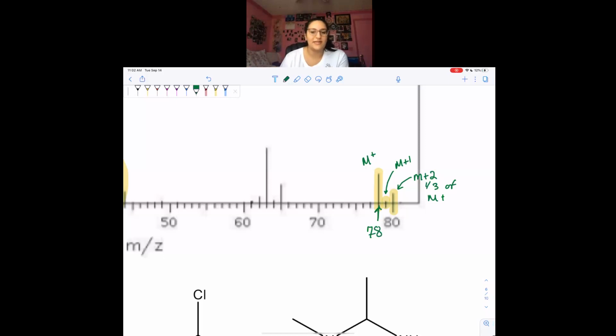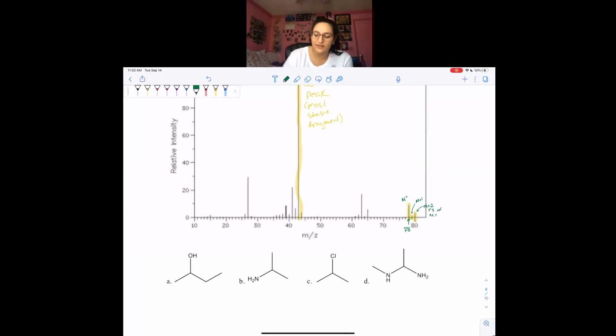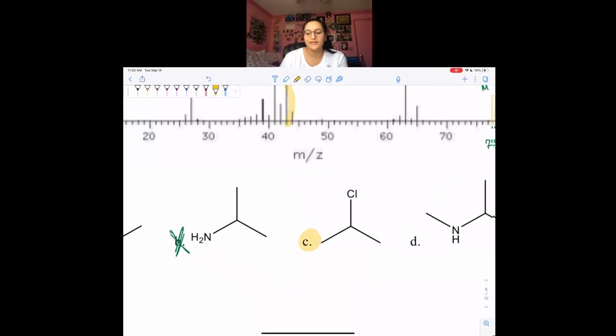It's at 78. So we can get rid of this right off the bat. But we already said that this has to be a chlorine. This is the only answer with a chlorine in it, so this is our correct answer. If we just want to double check, we can look at the mass of this.